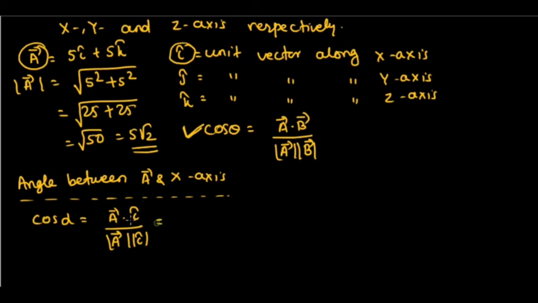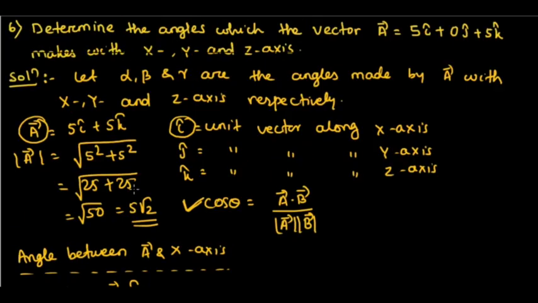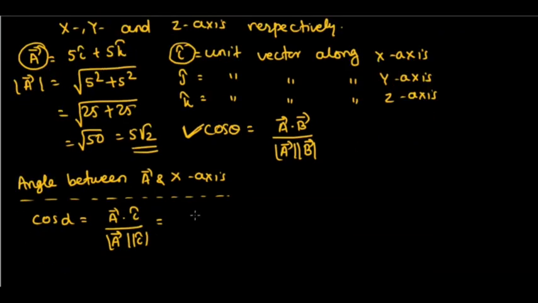Okay, so a dot I will be what? a vector equal to 5 I cap plus 5 k cap. So a vector dot I cap will be 5. If you know how to do the dot product, you will know that a vector dot I cap is 5, divided by a vector magnitude, which we found as 5 root 2, and I cap magnitude is 1.